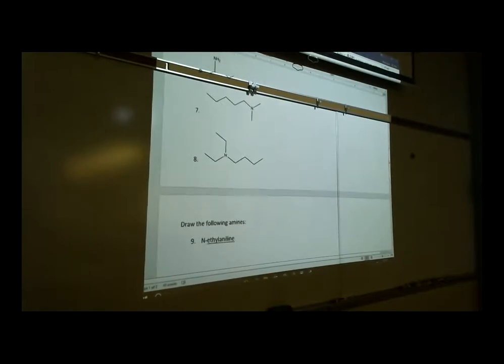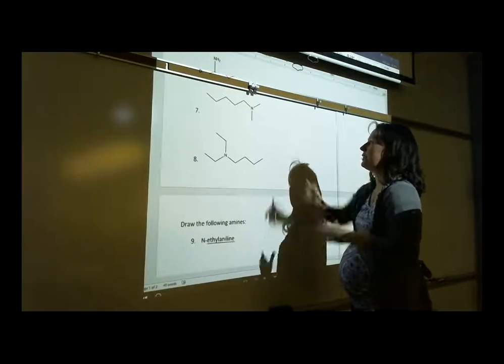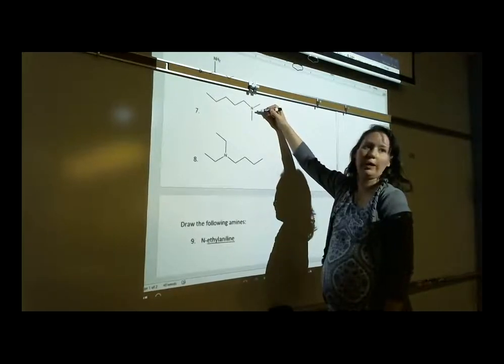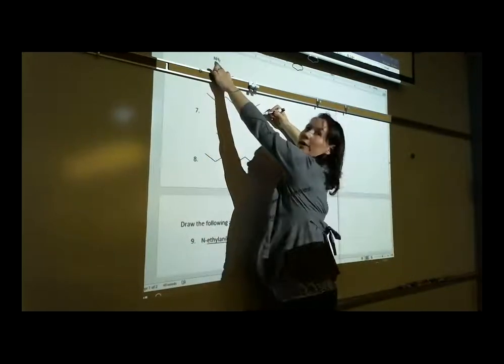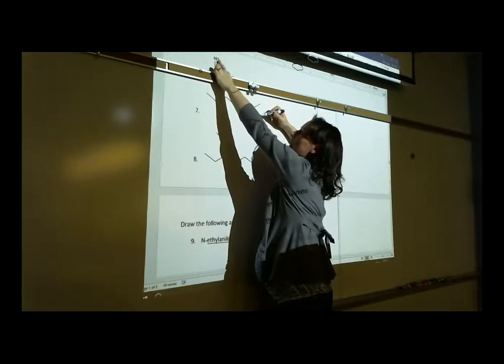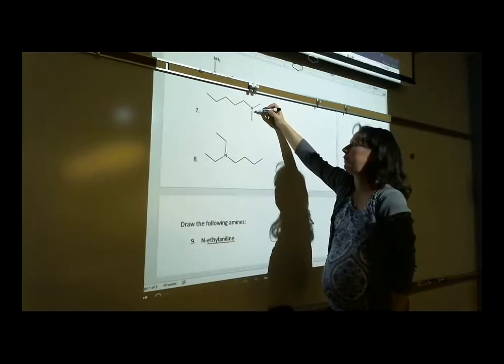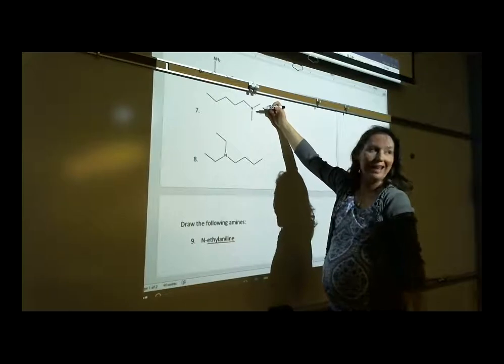Here's 7 and 8. All right, so let's name 7. Now this is not a regular old NH2, right? This was just a regular NH2, no substituents, we're not replacing any of the hydrogens with alkyl groups. But in this one, we have, right? So we need to use our N rules, right?